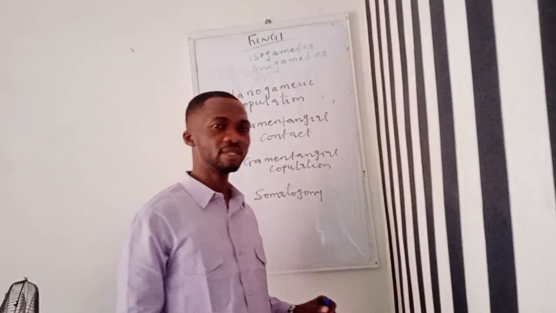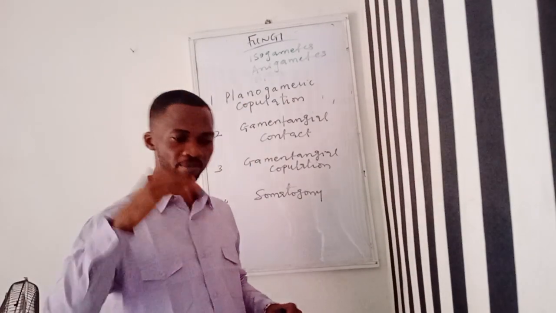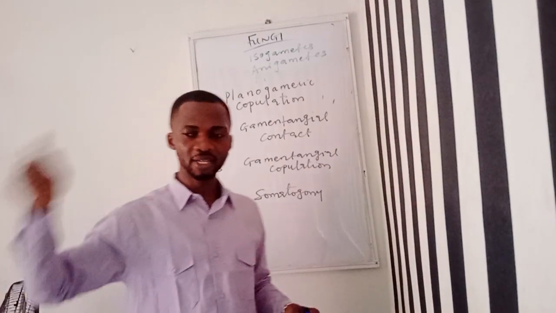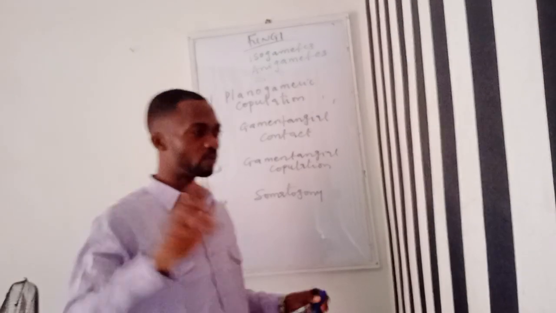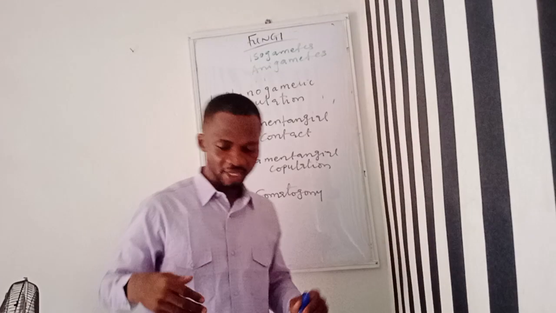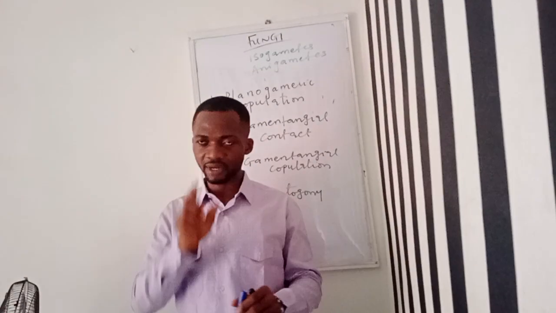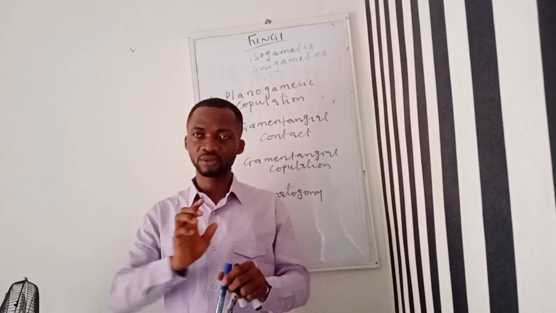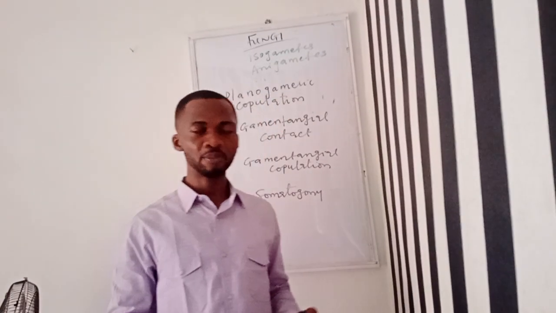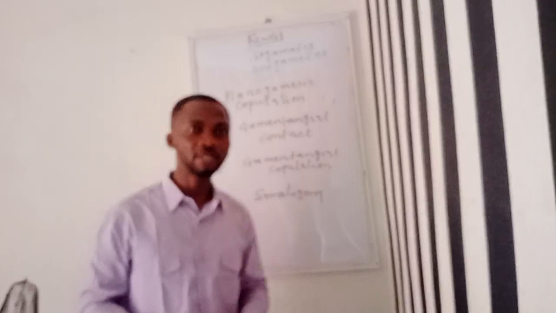When I say two, I mean the male gametangium and the female gametangium. Gametangia is plural, gametangium is singular. So when there's a fusion of male and female gametangia, there is a migration of the nucleus from the male into the female. When this happens, it is called gametangial contact.